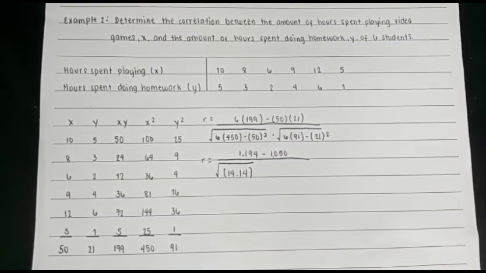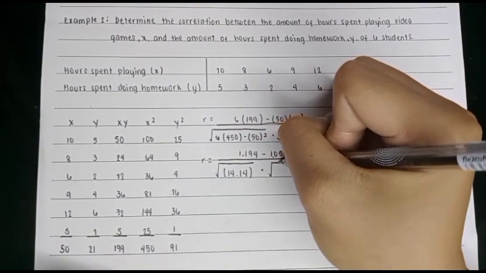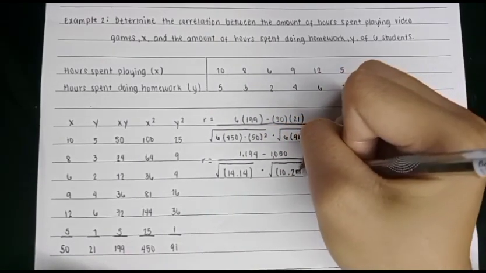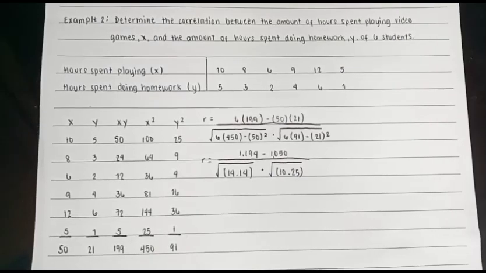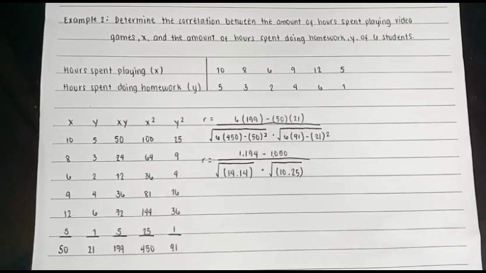Next is, same process lang din, square root of 6 times 91 minus 21, then squared is equal to 10.25. Next step is, let's subtract this one, 1,194 minus 1,050 is equal to 144.